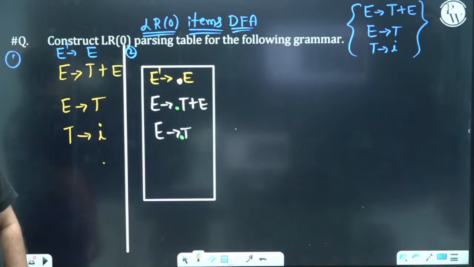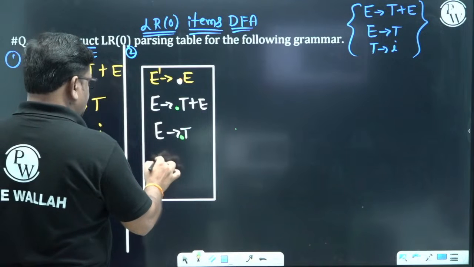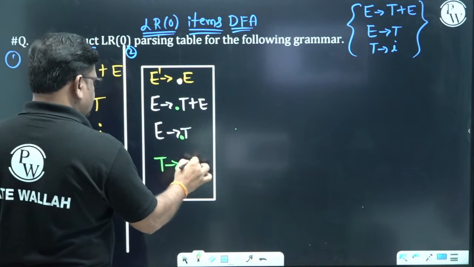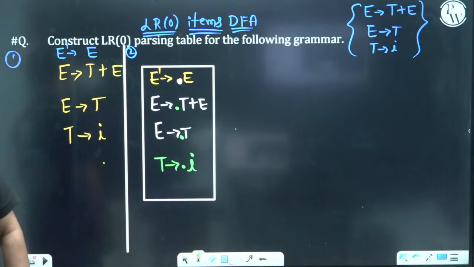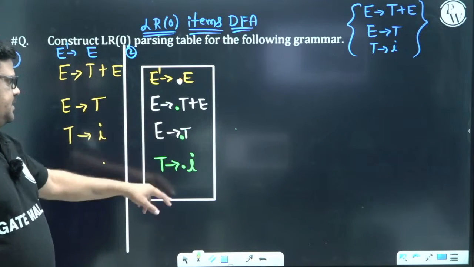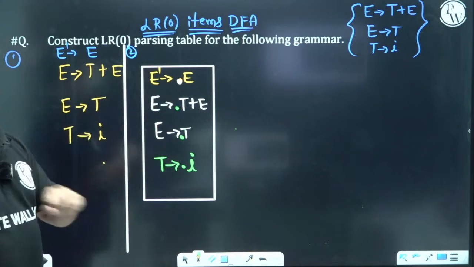Again a closure possibility is there: after the dot, T is there, so it has to add the T productions as well. So closure is adding three things whenever I apply closure on this.